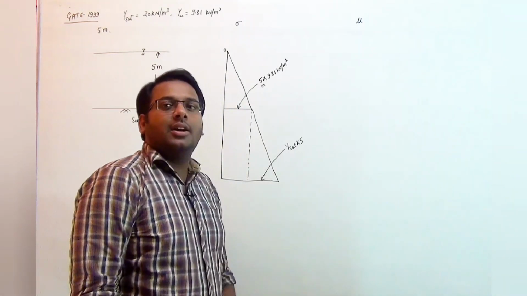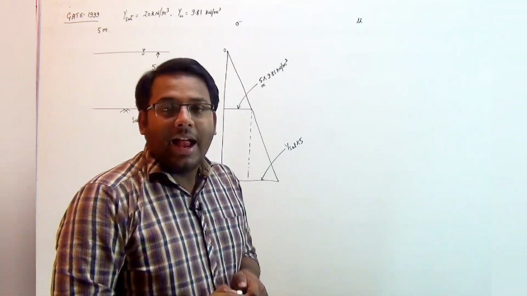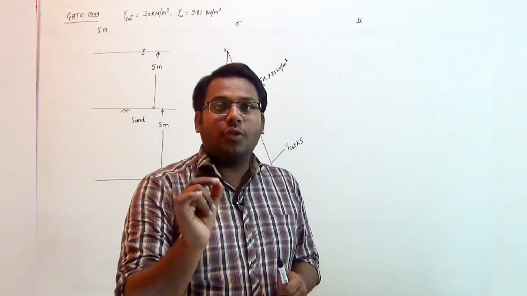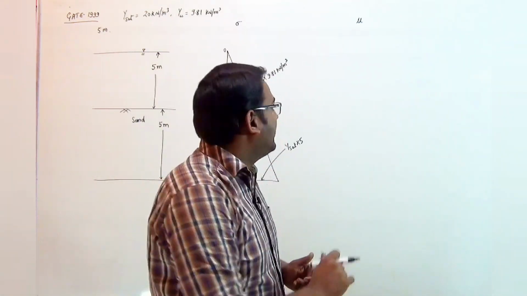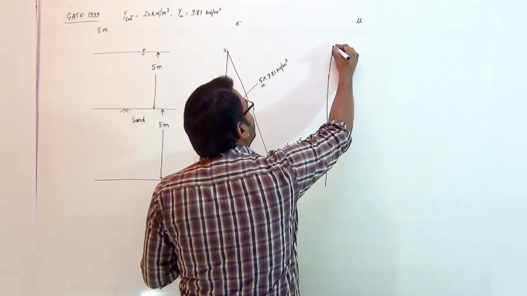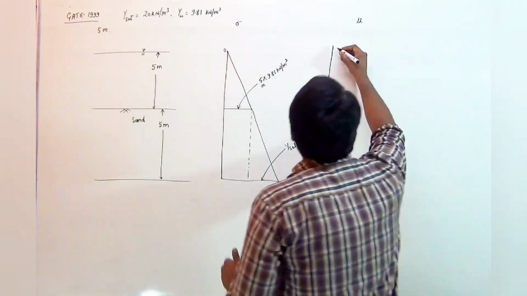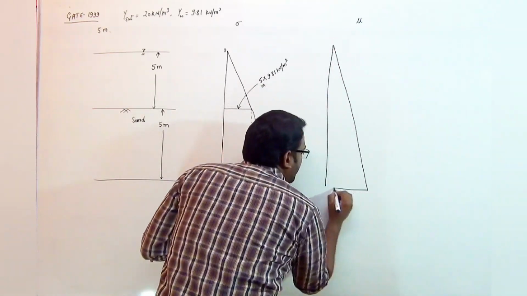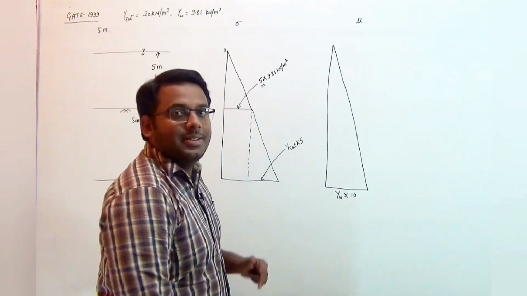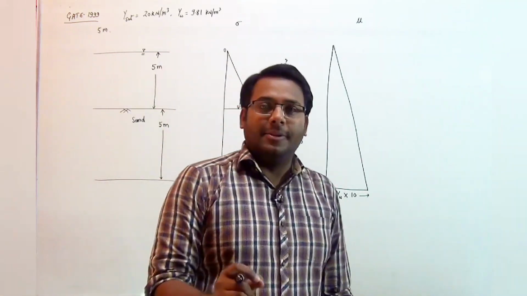As we all know, the water present in the pores at least carries its own self weight, and the self weight of the water increases at a rate of unit weight gamma W. Hence in the complete 10 meter, as water is present, the pore water pressure will increase at a rate of gamma W for 10 meter, and the pore water pressure will become equal to gamma W into 10.